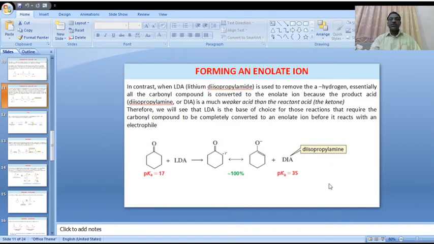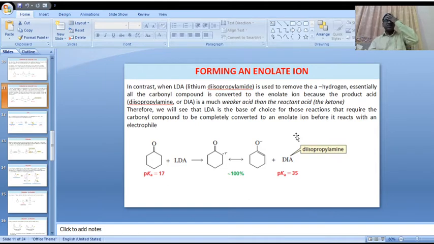Before it reacts with the electrophile, the enolate ion formation is 100%. 100% of that carbonyl compound is converted into enolate ion in the presence of LDA.